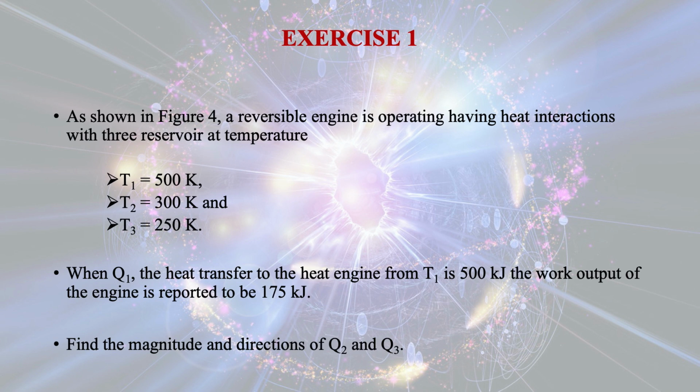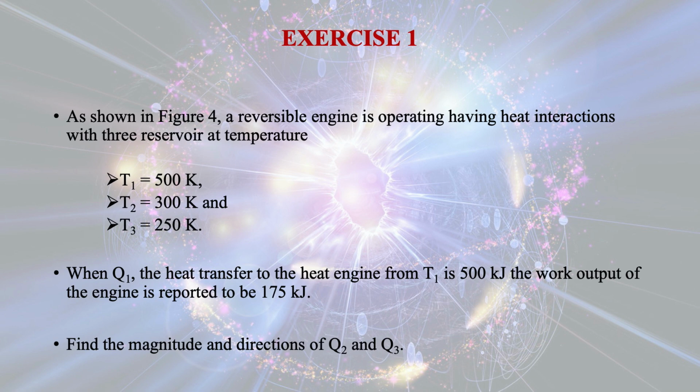When Q1, the heat transfer to the heat engine from T1, is 500 kilojoule, the work output of the engine is reported to be 175 kilojoule. Find the magnitude and directions of Q2 and Q3.